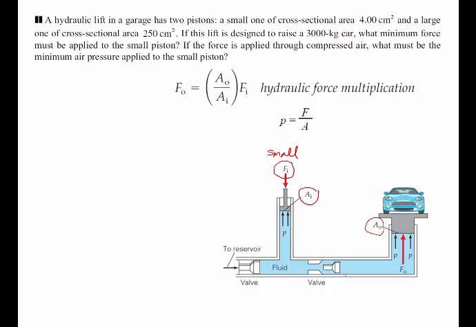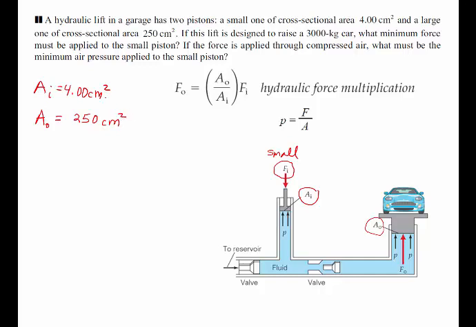Our small piston has a cross-sectional area of 4 square centimeters. So that is our A_i. And our other area is much larger, 250 square centimeters.